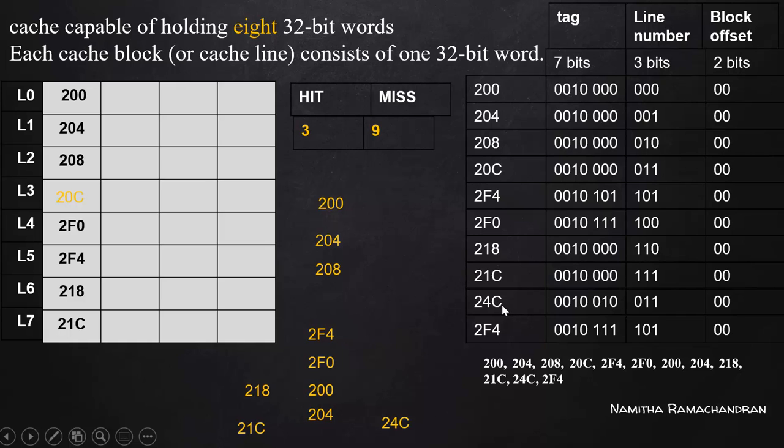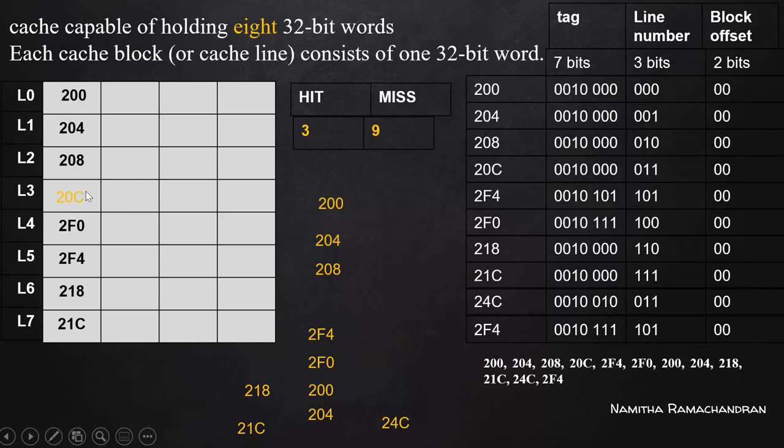We want to make room for placing this 24C because the cache is fully filled now. So we need to make some room here for holding a word that contains the byte address 24C. For identifying the line number, look here. At line number 3, we want to make room.